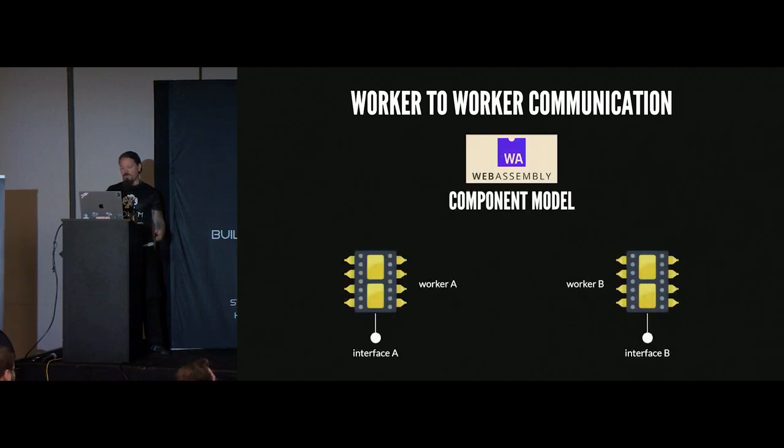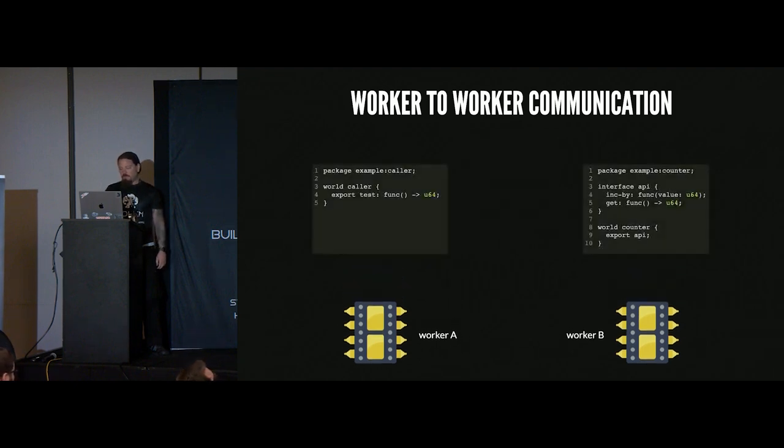And of course, we should think of something that involves the component model. And to do that, first, let's see some more real examples. Worker A will be something that we call the caller, exporting a single function that just returns a number. And the component that it tries to call is called a counter, exporting an increment and a get function.